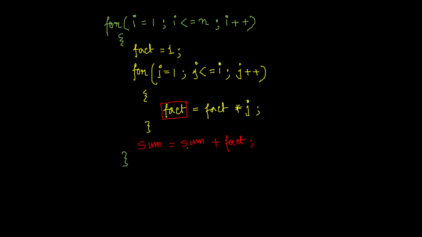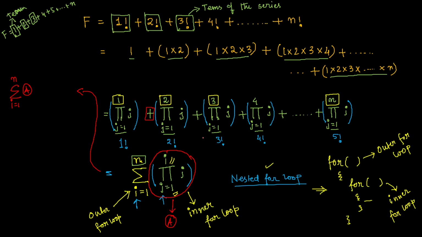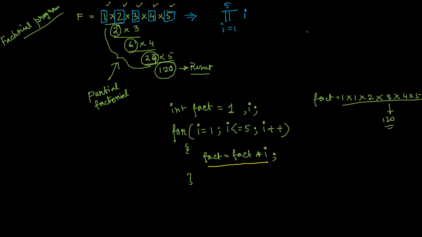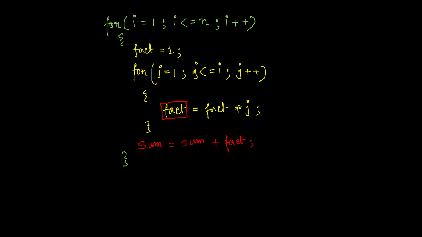If you don't write this statement, what will happen? Individually these terms will be calculated, but they will not be added, so ultimately you will not get the result. That is the difference. So this is an example of a nested for loop, and you see why we have done this. By the way, one thing is still left: you must initialize sum to 0.